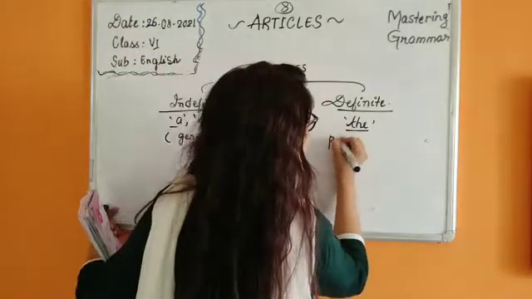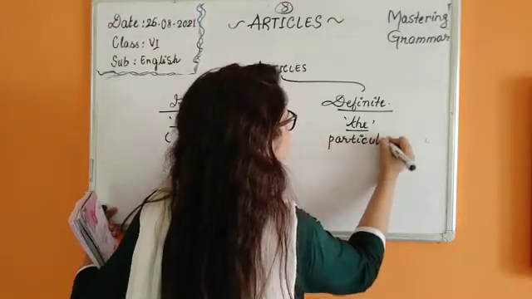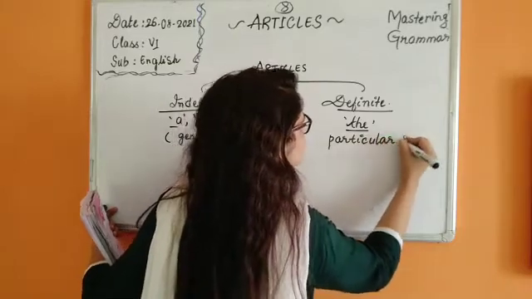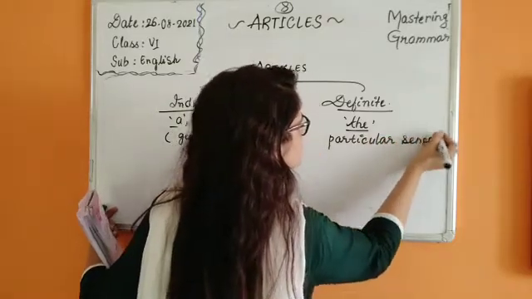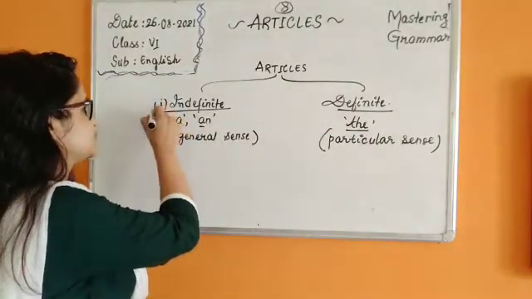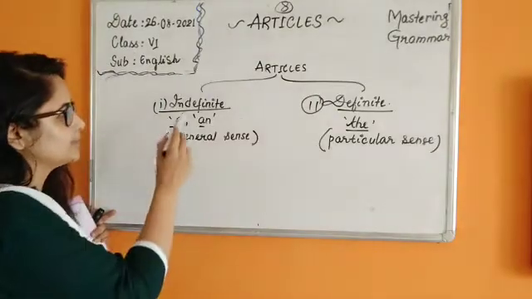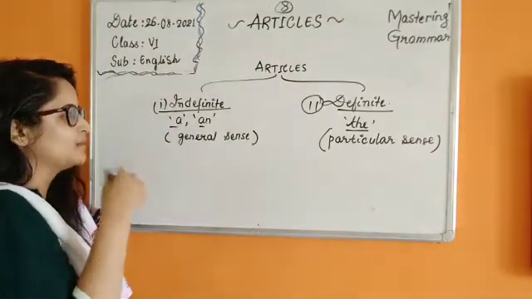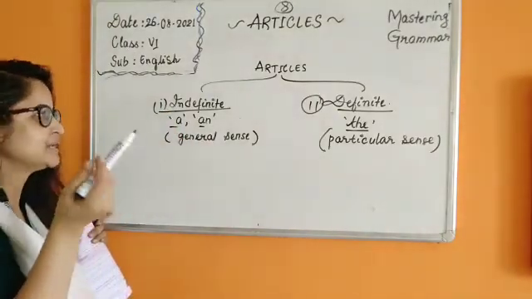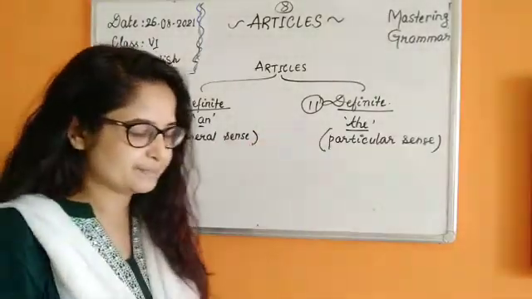The is used in a particular sense, when we want to specify a particular thing. That's why it is called definite, and this one is indefinite. So the 2 parts are definite and indefinite. A and an are indefinite articles, and the is the definite article.